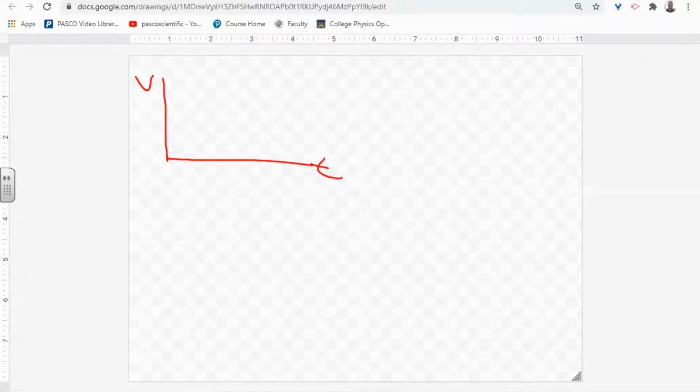If I go back to my velocity time graph, I know that if something is sliding down an incline, it's just going to speed up at a constant rate, so that means it's a constant acceleration. So if in 1 second it slides a distance of 1, that tells me that this area is going to be 1 meter. And what it's asking me now is what happens in this interval of time right here.